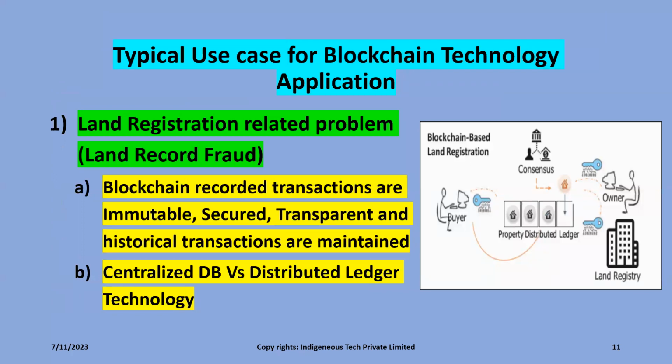Now, what is a typical use case for a blockchain? One of the most useful use cases is the land registration problem. Almost every day we hear some news through the media.